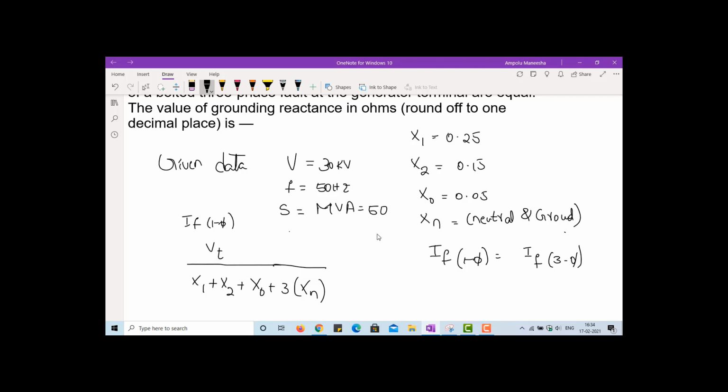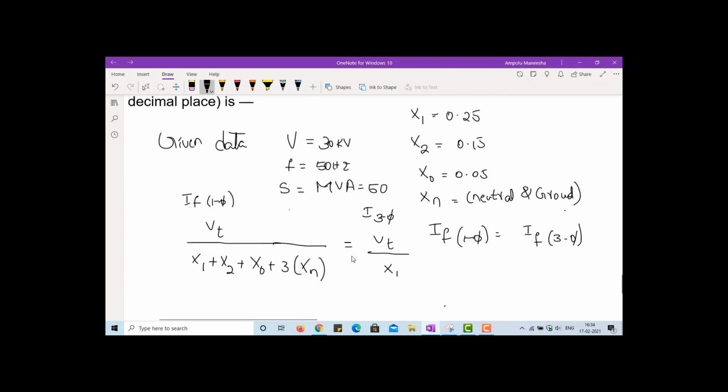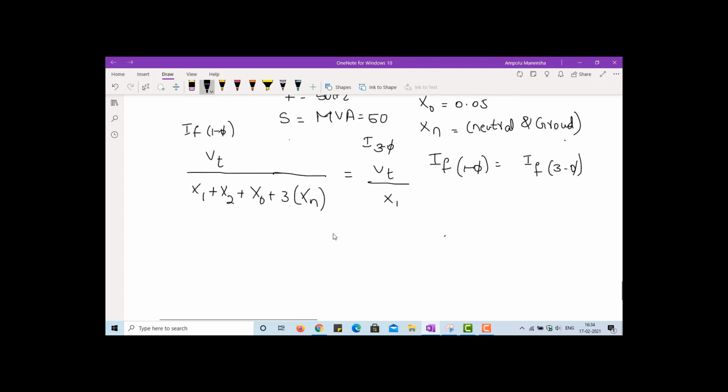And also we know that three phase fault is symmetrical, right? Which is given by terminal voltage by only positive sequence reactance. And it is mentioned that single phase current is equal to the three phase fault current. If we substitute, since reactances are in per unit, we will take terminal voltage also in per unit value.